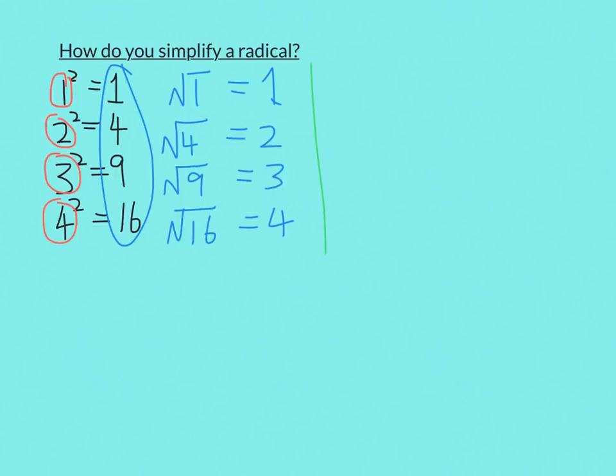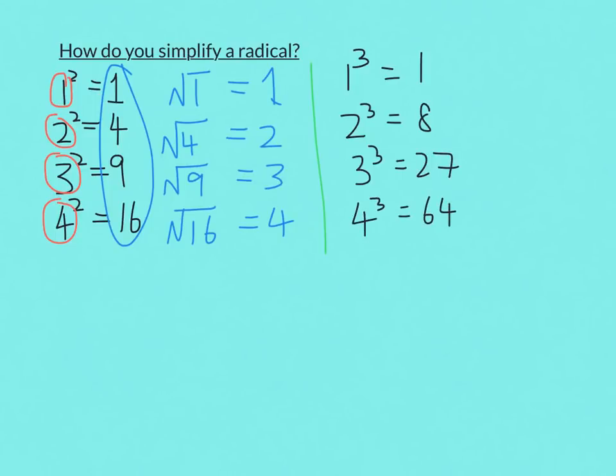Now let's look at what happens when you take the numbers to the third power. 1 to the third is equal to 1, 2 to the third is equal to 8, 3 to the third is equal to 27, and 4 to the third is equal to 64. Again, if you want to obtain the base numbers 1, 2, 3, and 4, you would have to apply the inverse operation of taking the number to the third, which is taking the cube root.